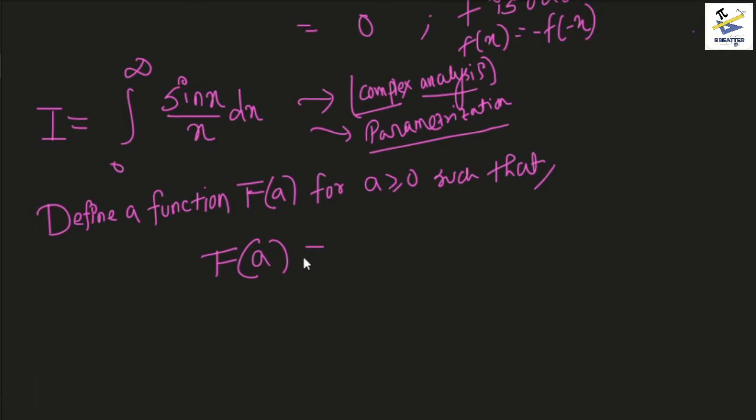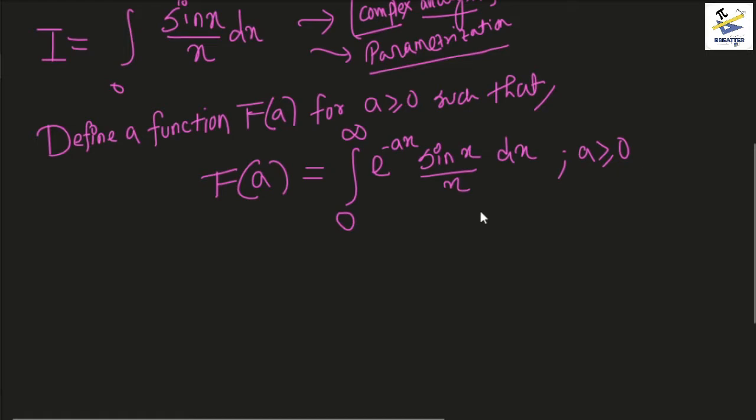The function looks like this. So this is the function f of a, and obviously a is greater than or equal to 0. We actually do not know how to find f of a, or how it helps with our actual problem, right? Because as you can see, the integrand has become more complex rather than less complex, but I'll show you exactly how this would help us.